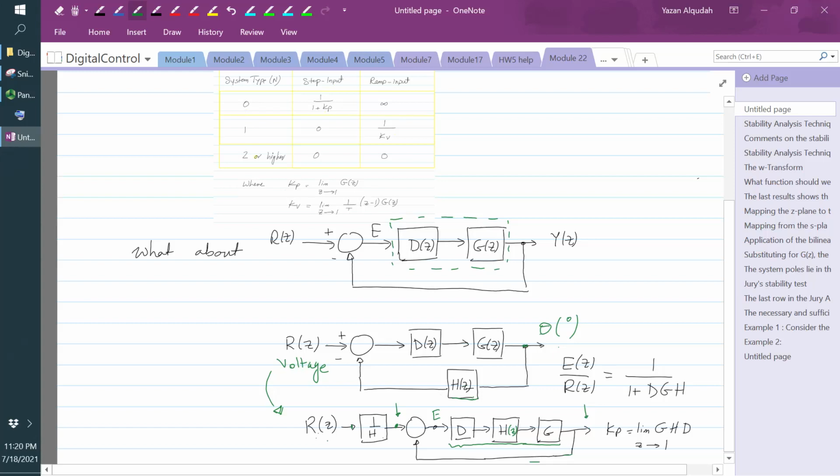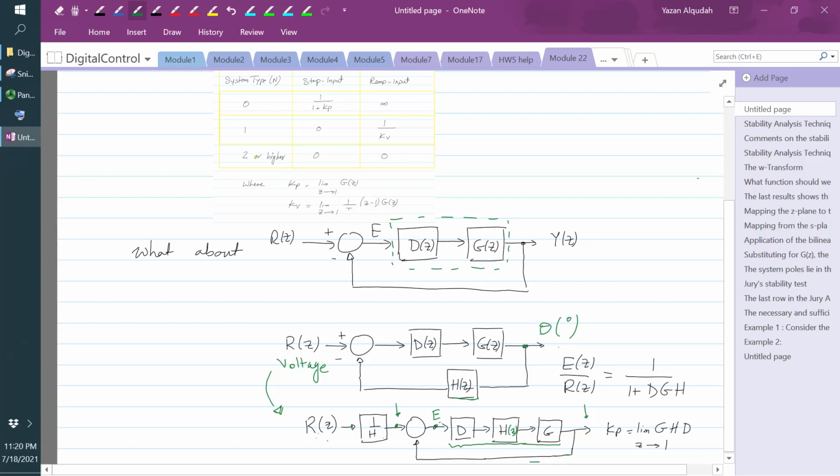Both of these have the same transfer function. However, now the error here is going to be of the same nature because I have a unity feedback. So in this case, I can calculate this error, but this error is not going to be between R and the output. It's going to be between R multiplied by 1 over H and the output. I hope this makes sense.